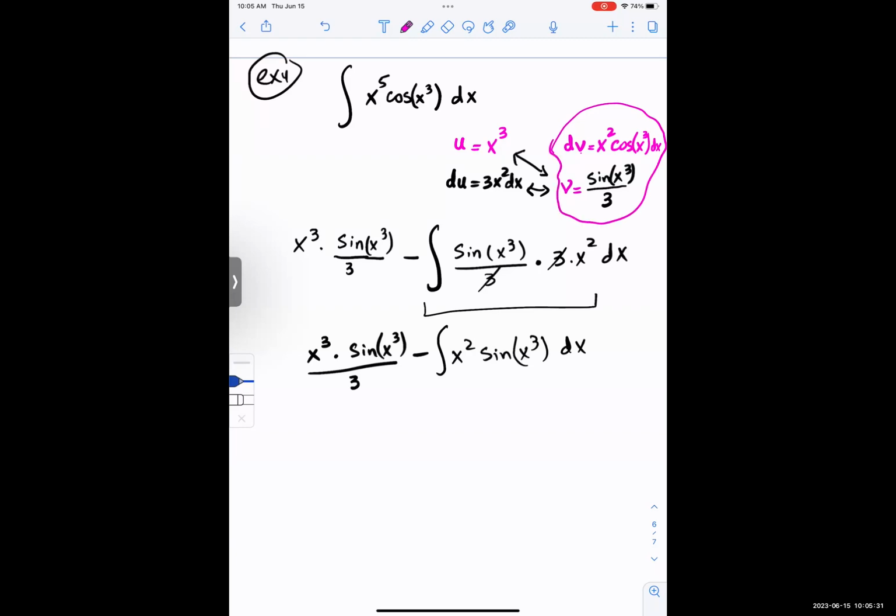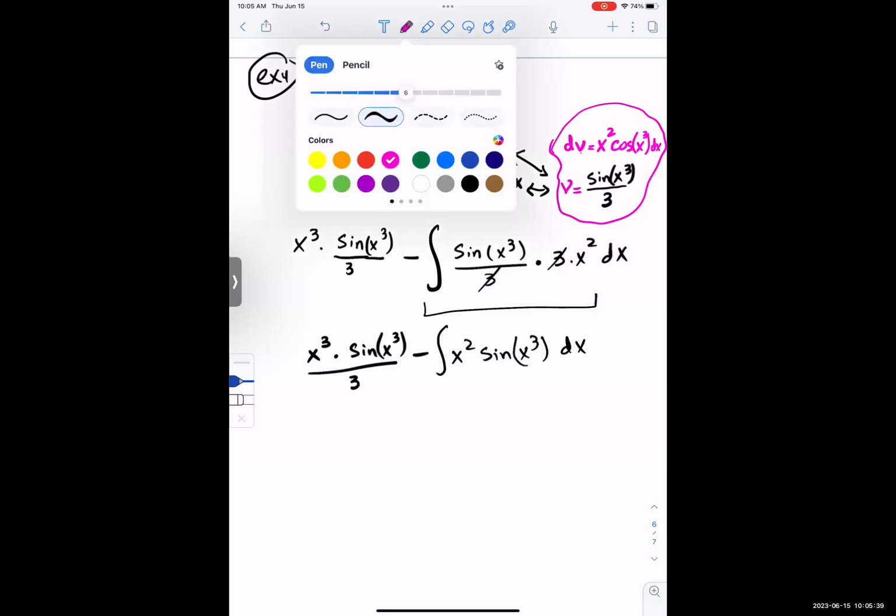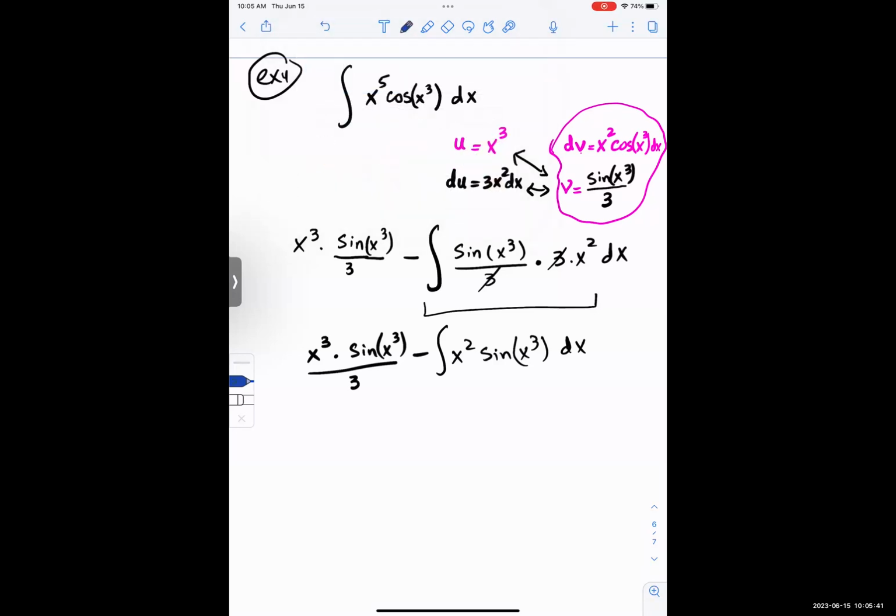With the same process, you would get sine of probably w. So let's just do it. You would let w be x cubed, dw be 3x squared dx.